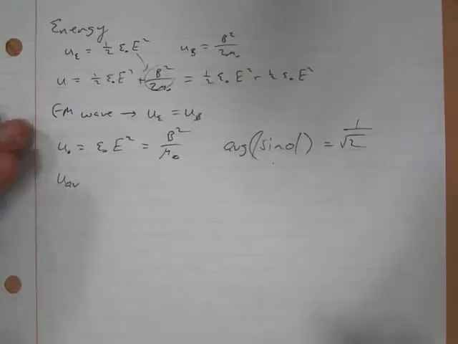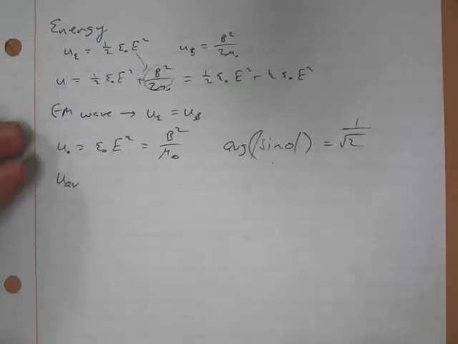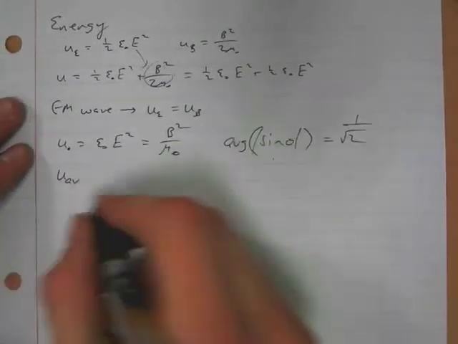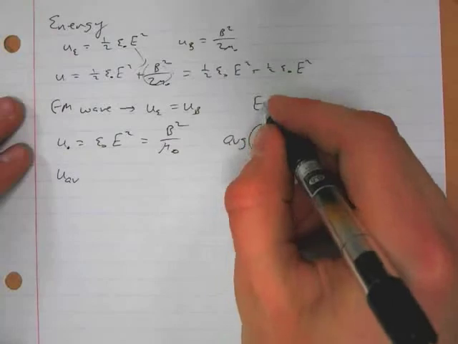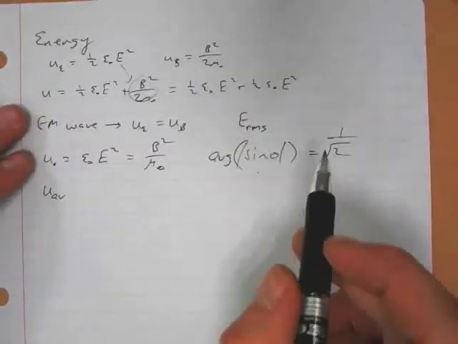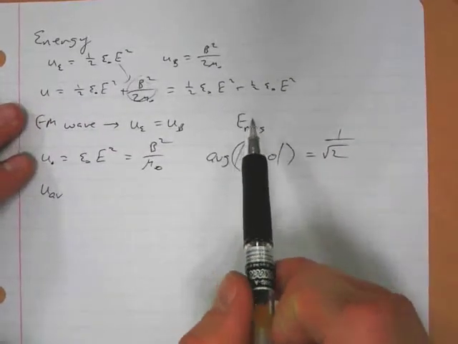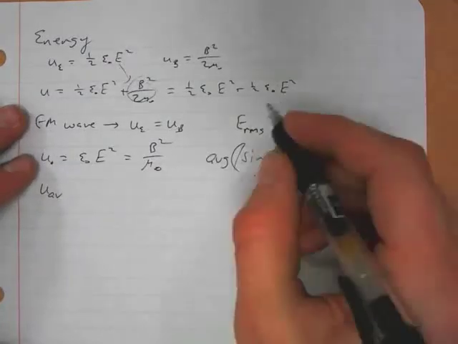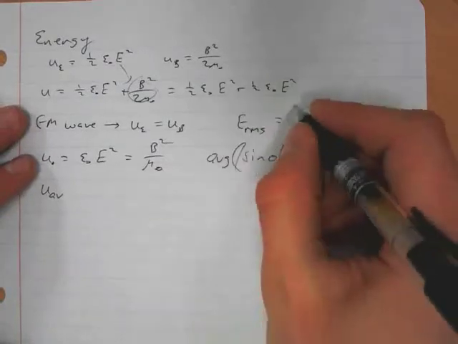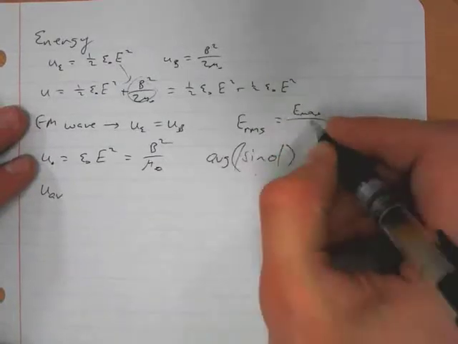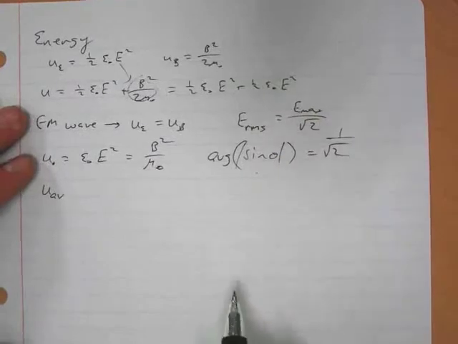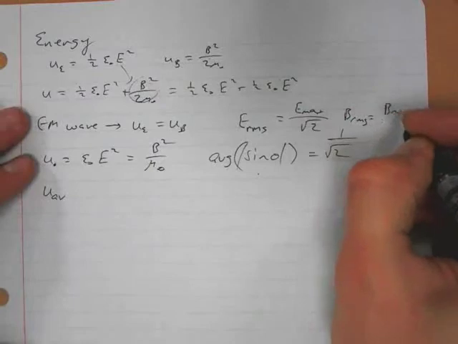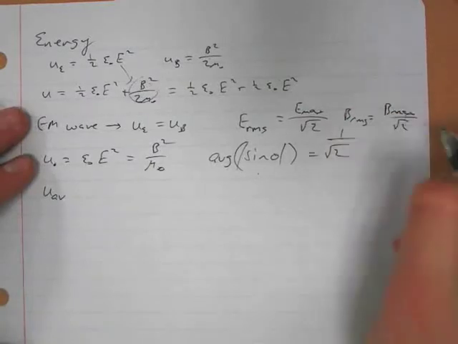And so that means the root mean squared of the electric field, I don't know where that term came from, is equal to the maximum electric field over root 2. And the same thing, anything RMS, root mean squared, is equal to the maximum value over root 2.